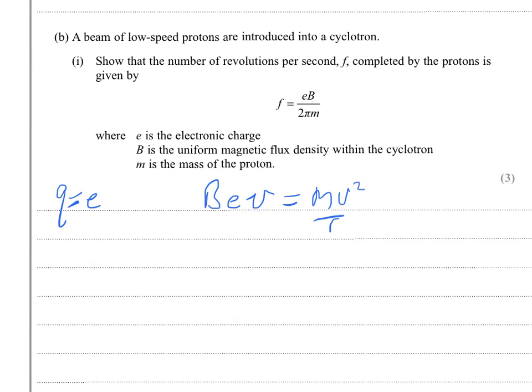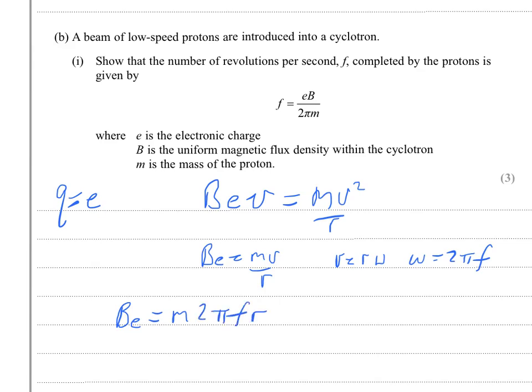So dividing through by v gives us that BE will equal mv over r. And we just remind ourselves that v is equal to r omega, and that omega is 2 pi f. So BE will equal m, and instead of v now we have 2 pi fr over r, and those r's cancel.